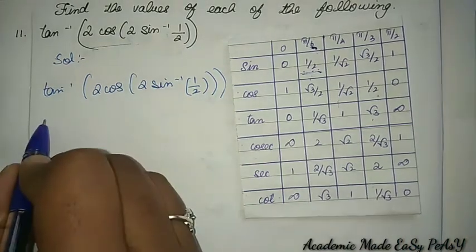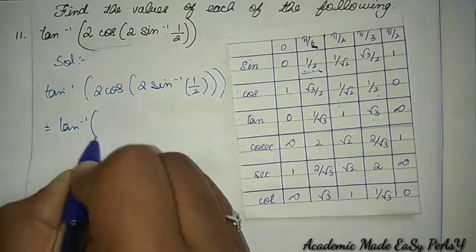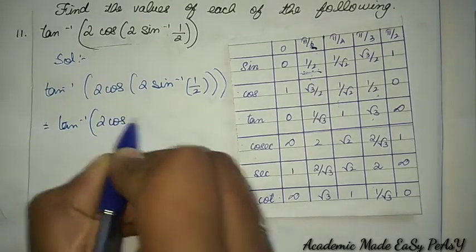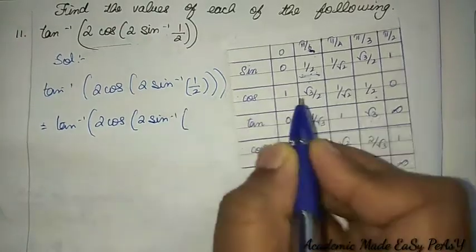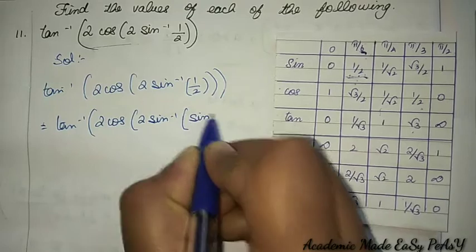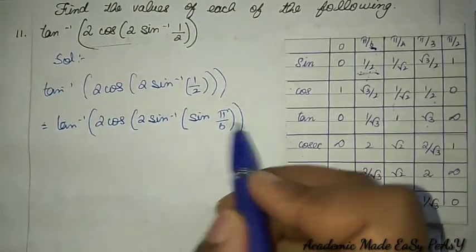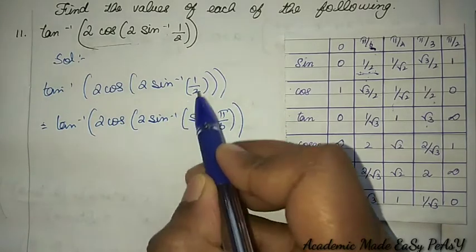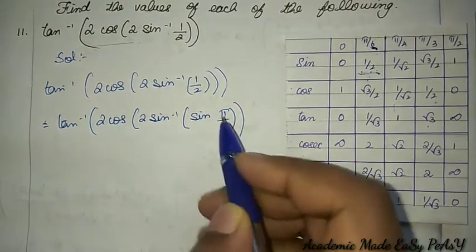So now I have to substitute the value of 1 by 2: tan inverse 2 cos 2 sine inverse, sine pi by 6. You should not write only pi by 6, you have to write sine pi by 6.